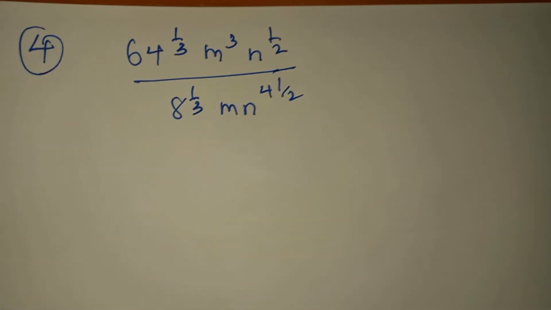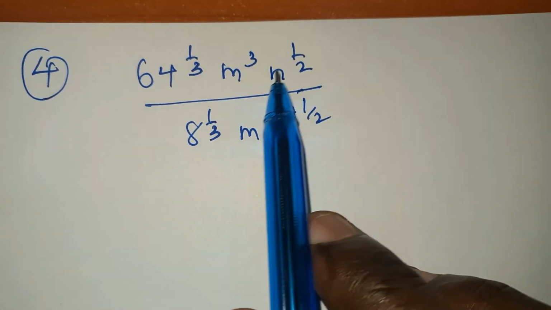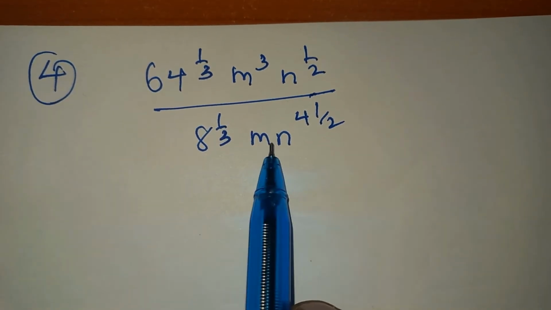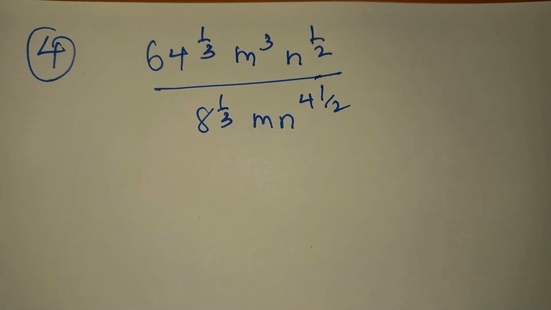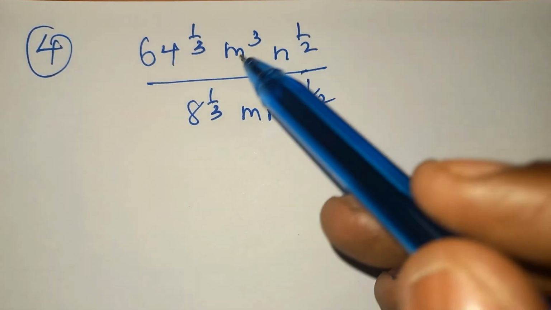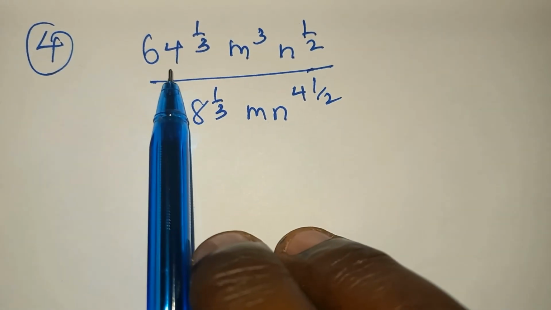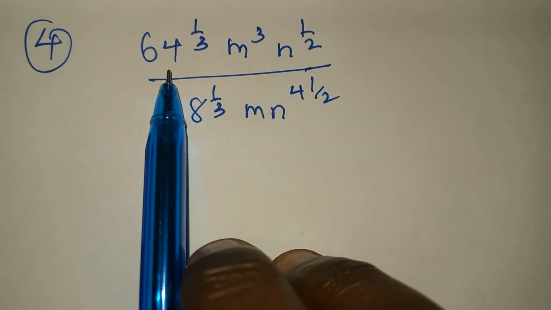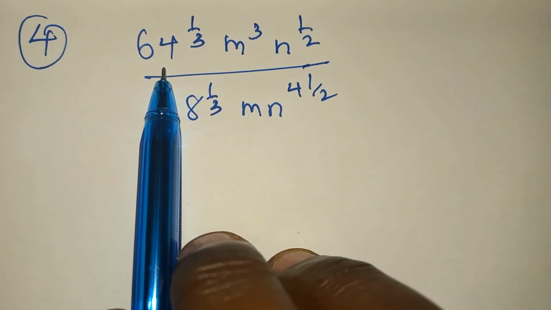Now, let's look at number 4. We have 64 raised to the power 1/3, m cubed, n raised to the power 1/2, everything divided by 8 raised to the power 1/3 times m times n raised to the power 4 and a half. Now, how do we go about this? You realize that we could rewrite 64 so that it has a base of 8.